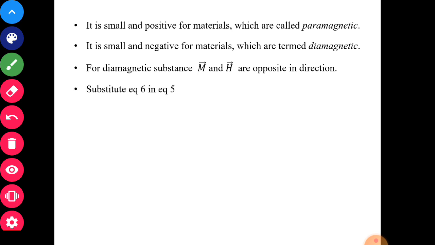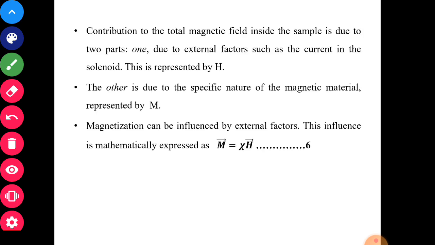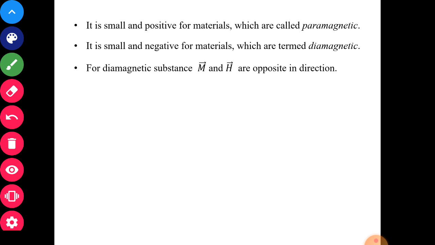Now substitute equation 6 in equation 5. The sixth equation is the value we got, that is M is equal to chi H. This is placed in the fifth equation.